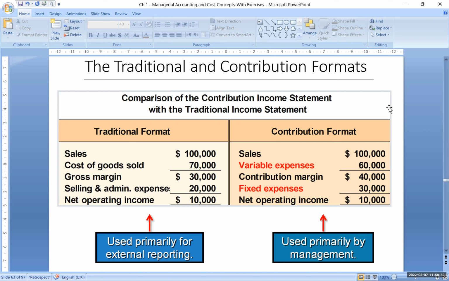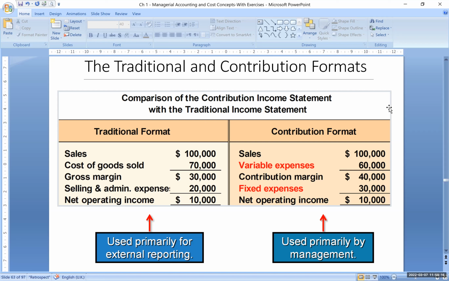Again, the contribution format will stress the classification of the expenses between variable expenses and fixed expenses. So the contribution margin is the difference between the revenues and the variable expenses only. And after the contribution margin, we will deduct the fixed expenses.